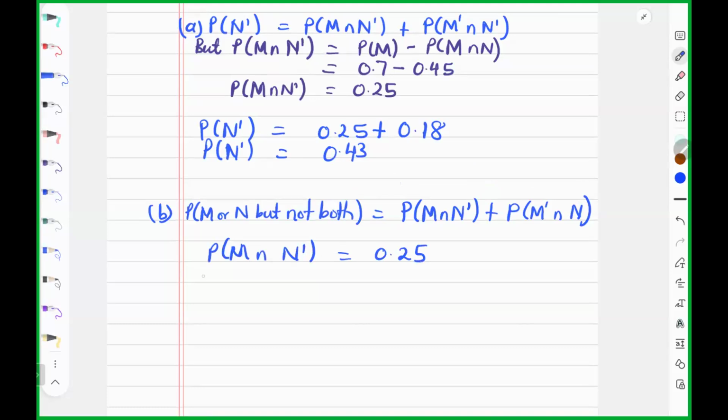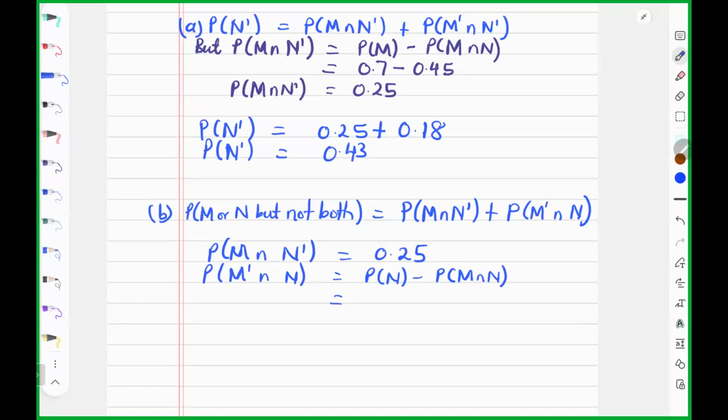Then probability of M complement intersection N is actually probability of N only. It's the same as probability of N minus the intersection, which is probability of M intersection N.